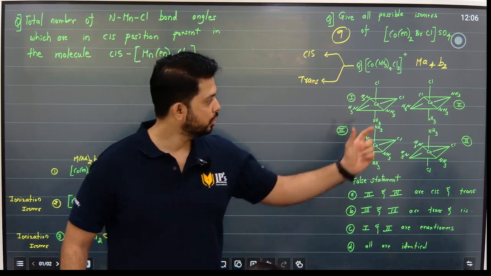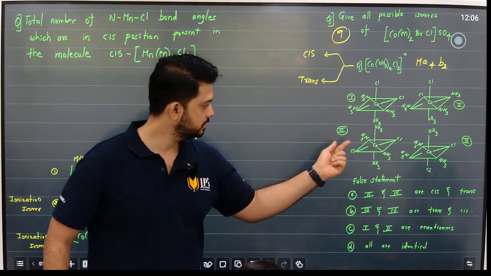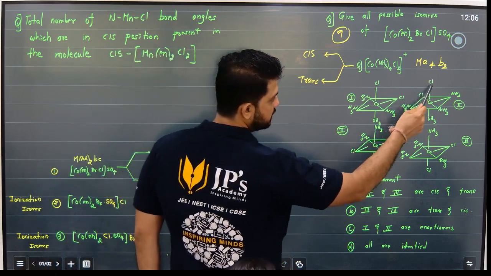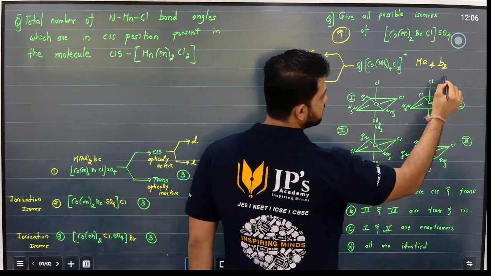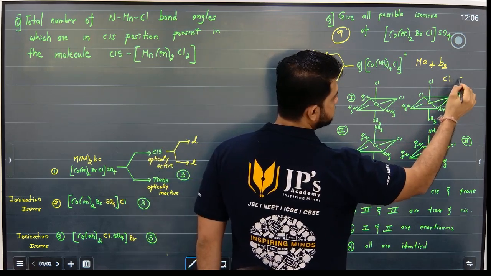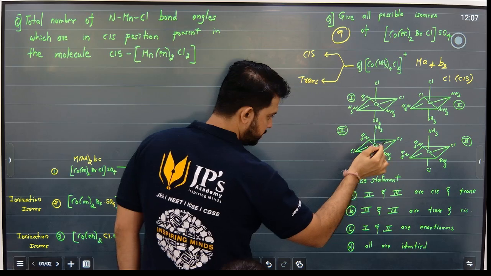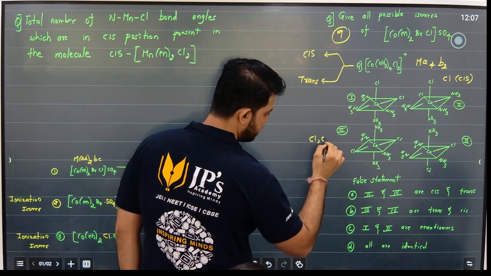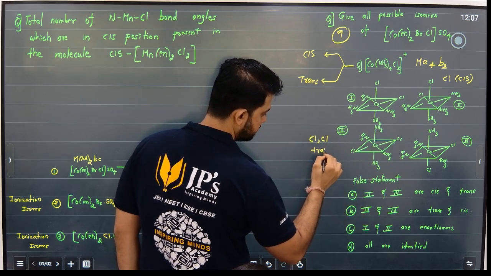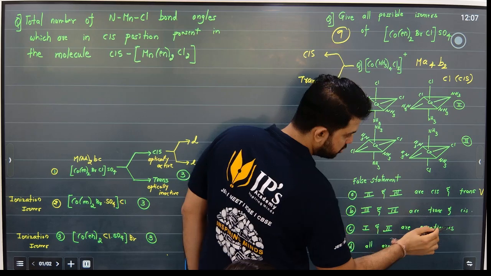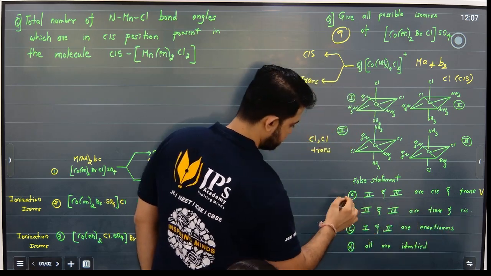Is it true? Yes, because if I look at Cl, this is Cl cis, because the angle between the Cl here is 90. So I can say yes, this statement is true.